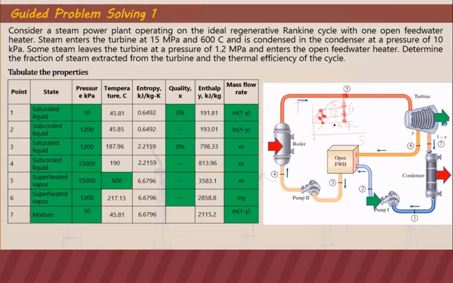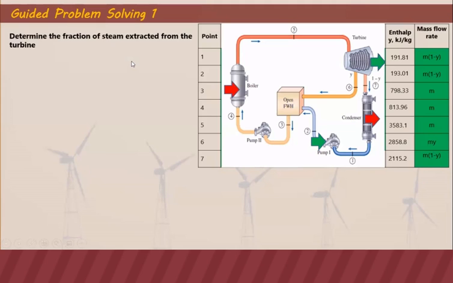So this is the TS diagram. We have points 1, 2, 3, 4, 5, 6, and 7. This is for the open feed water heater. To determine the fraction of steam extracted from the turbine, we can easily get that by doing an energy balance in the open feed water heater.